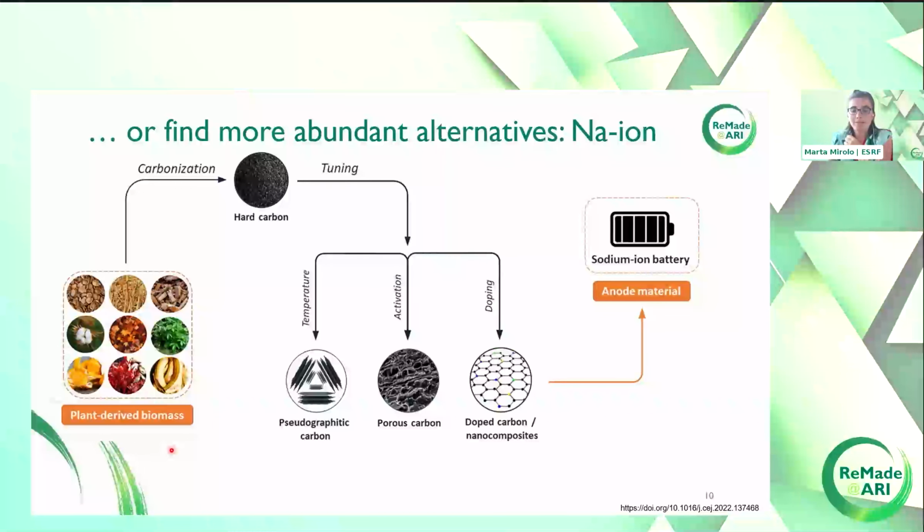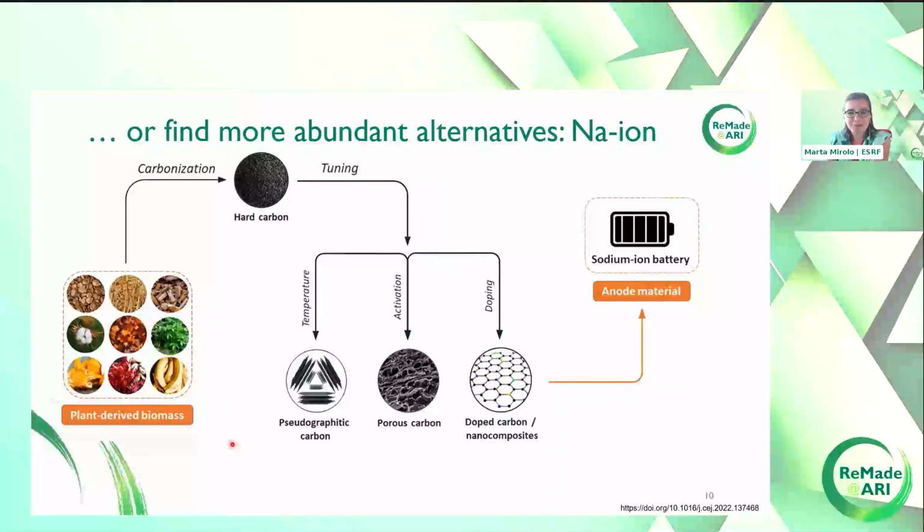You can use basically any scrap biomass, you burn it, you carbonize it, and you produce hard carbon. Depending on your synthesis recipe, you can have hard carbon with different properties, and then you can use it as anode material in sodium-ion batteries. So that's a much more sustainable battery which we can produce.